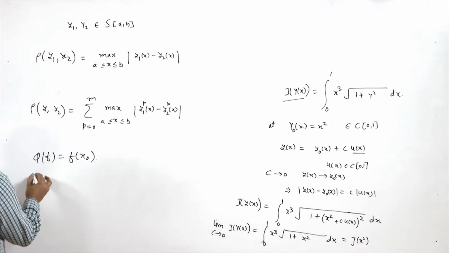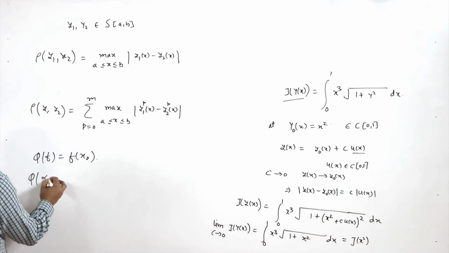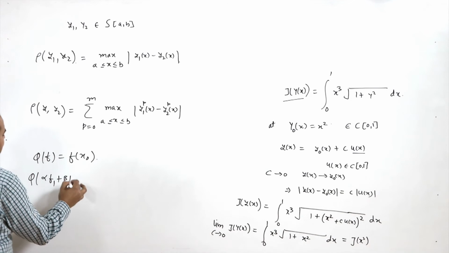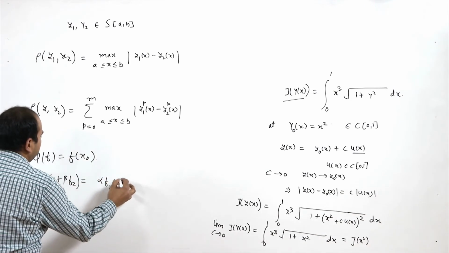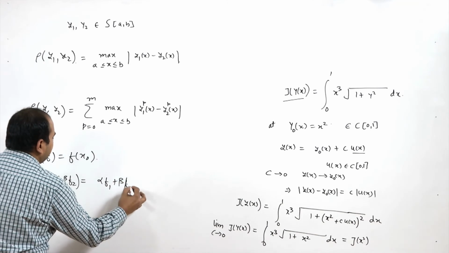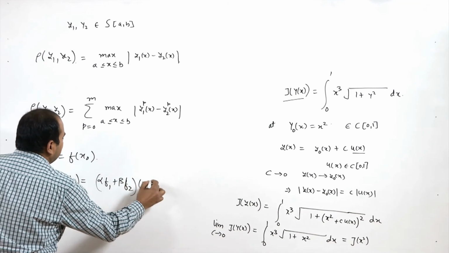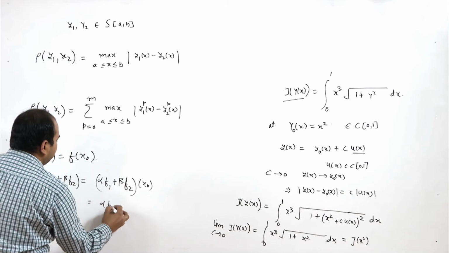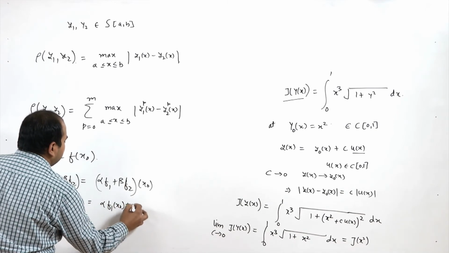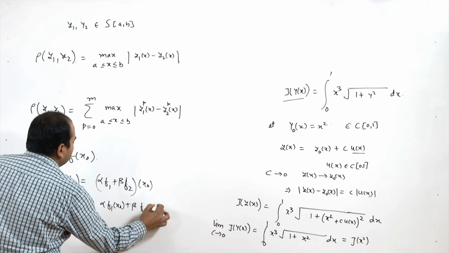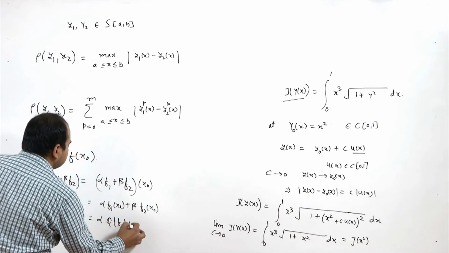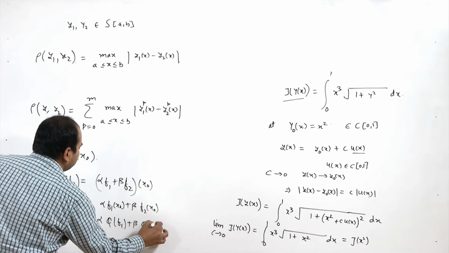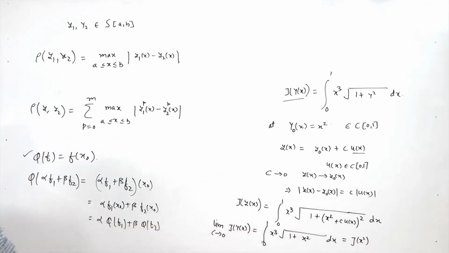So if I take alpha f1 plus beta f2, then I can write this as alpha f1 plus beta f2 evaluated at x naught, and this can be written as alpha f1 of x naught plus beta f2 of x naught, and this I can write as alpha phi of f1 plus beta phi of f2. So we can say that this functional phi of f is a linear functional.